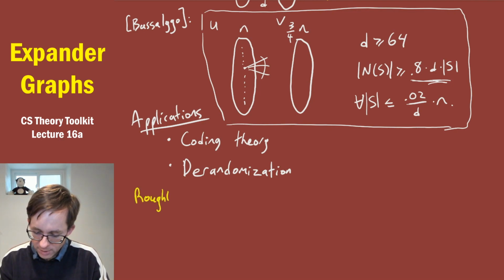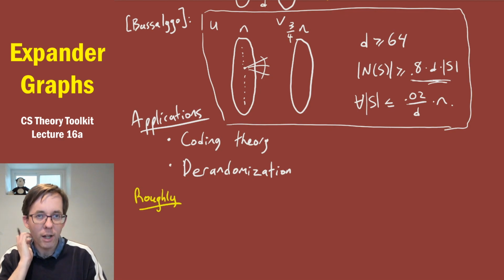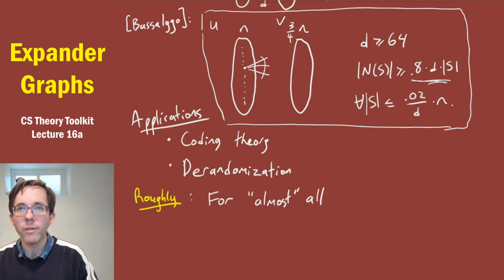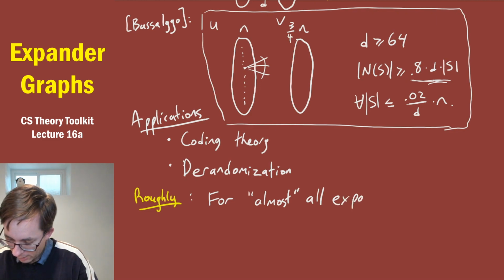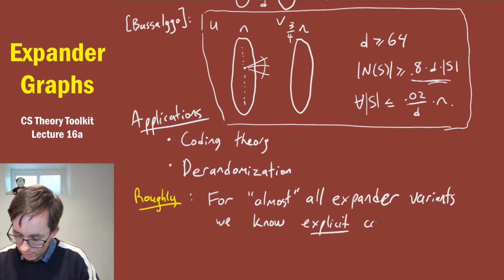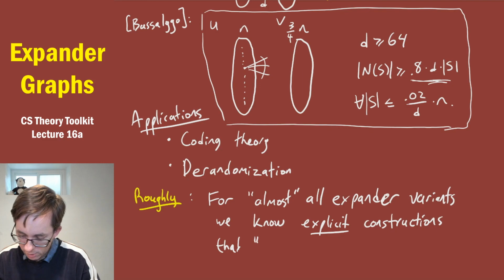Thanks to technology developed over the last couple decades, for almost all expander variants, bipartite, not bipartite, edge expansion, vertex expansion, we know explicit constructions that almost match the parameters of randomized constructions.